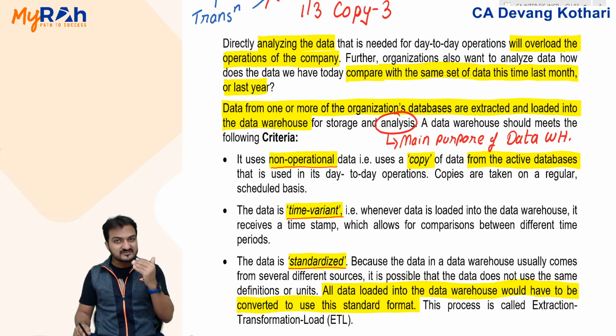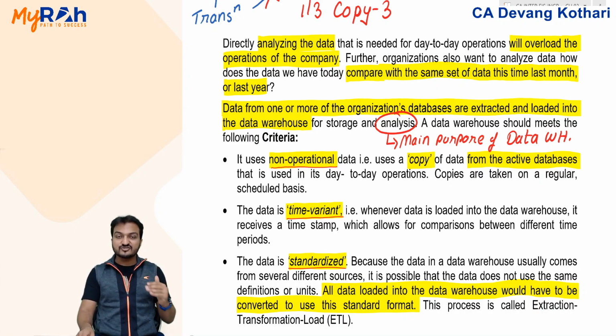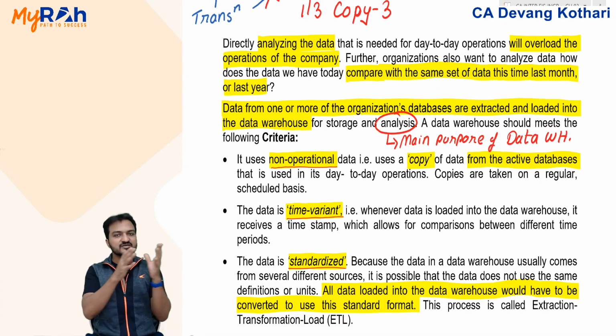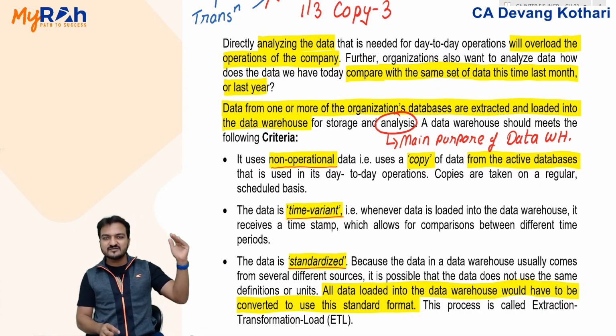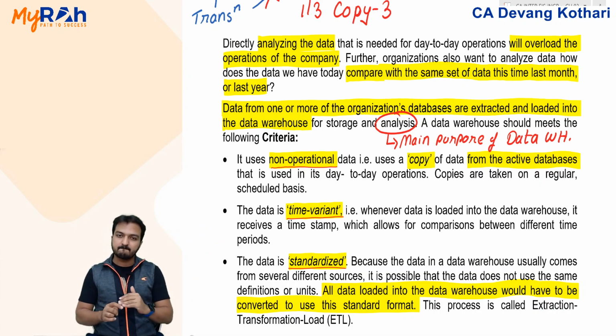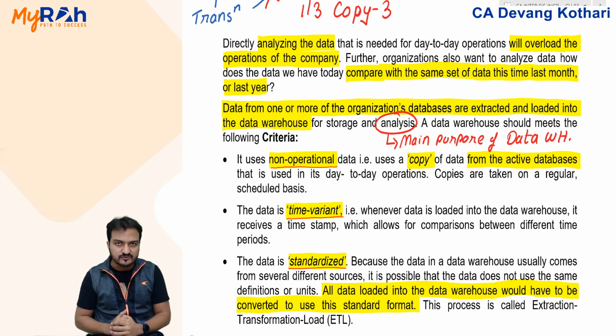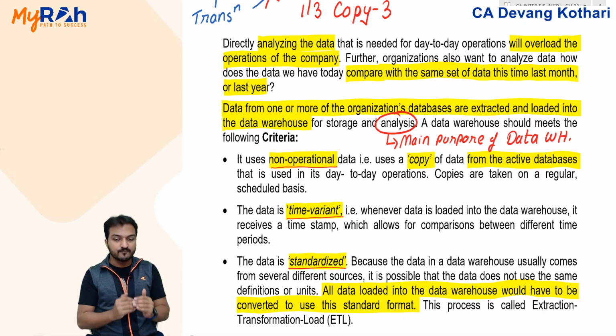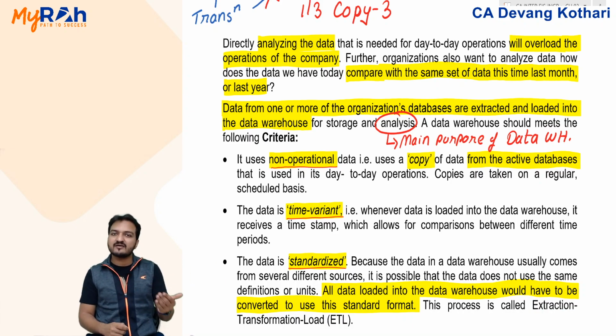Remember, I'd given an example about IRCTC. Imagine the IRCTC server must be getting so many transactions per day. If from that server itself the top management wishes to extract some reports, then the routine transactions will get distracted.